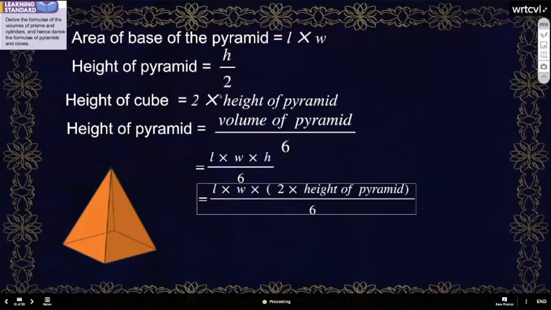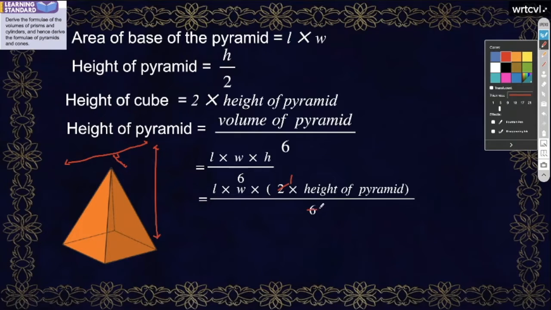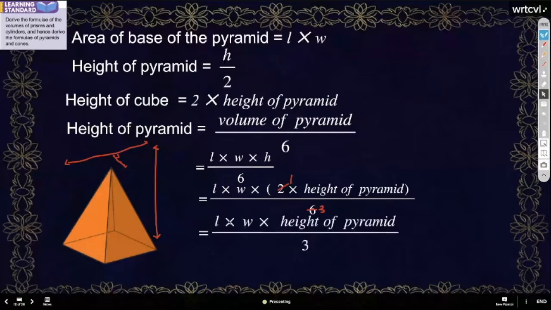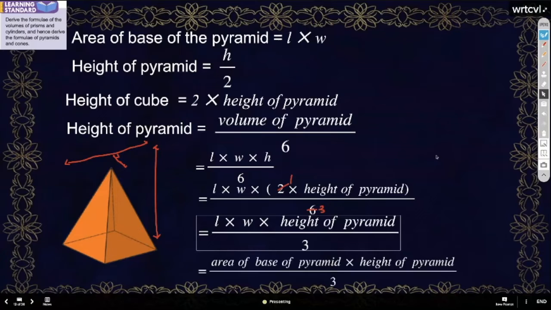The height of the cube, this h, we substitute 2 times the height of the pyramid inside here. So this one you can divide, and you become 1 over 3. Next you will get length times the width times the height of pyramid over 3. So therefore, the area of the base of the pyramid times the height of the pyramid divided by 3.